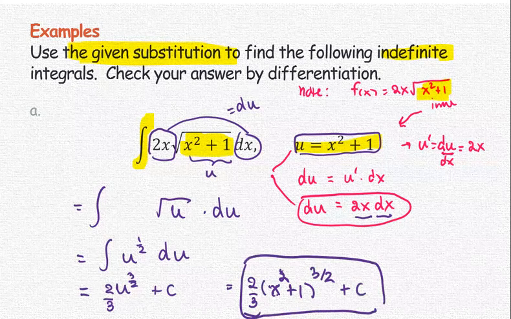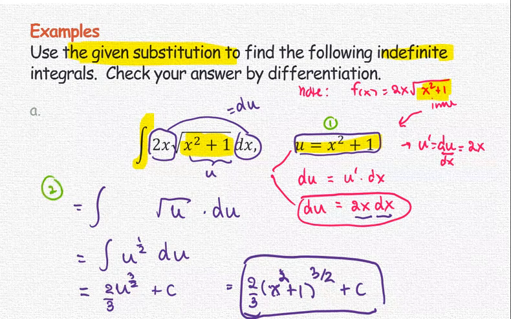Okay, I'm going to put a note here one more time. As the first step, introduce the new variable, which is called the change of variable. That's step one. You see the inner function as the new variable u. And then step number two, you substitute u and du into the integral.